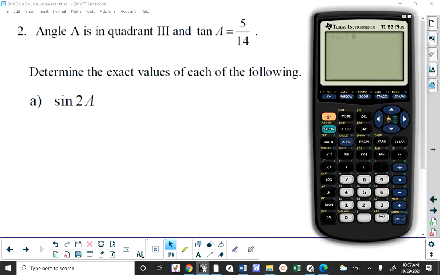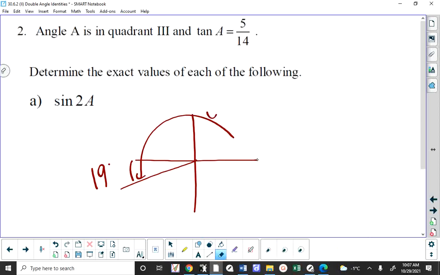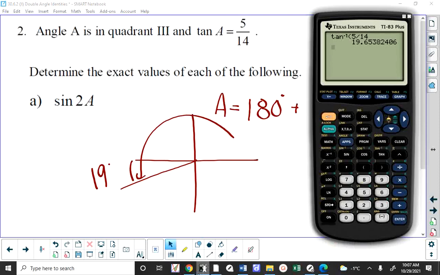So we'll do that again. Inverse tan of 5 over 14. That's the reference angle. If it's in quadrant 3, this is 19 degrees. The rotation angle, which is actually A, is 180 plus the reference angle. So I'm going to add 180.